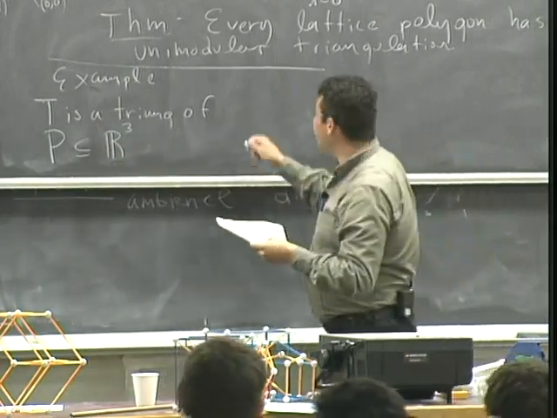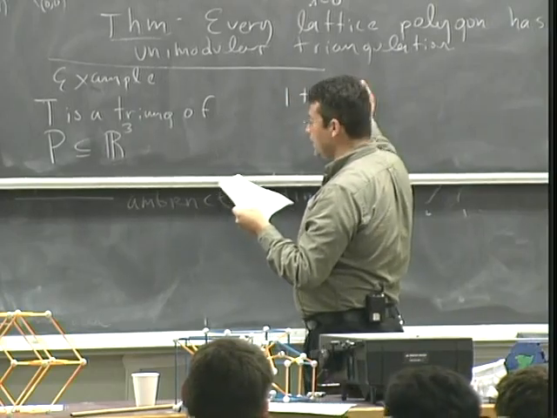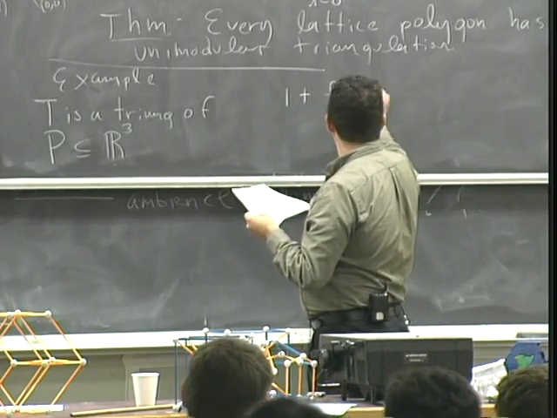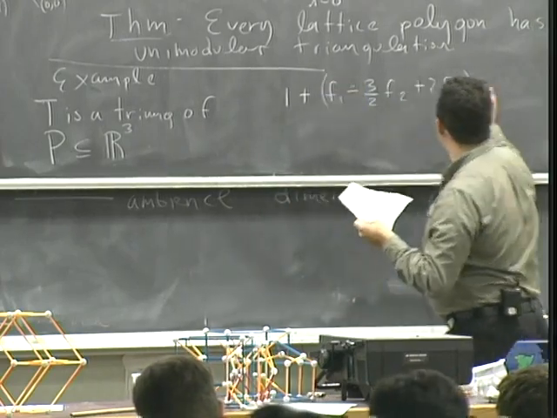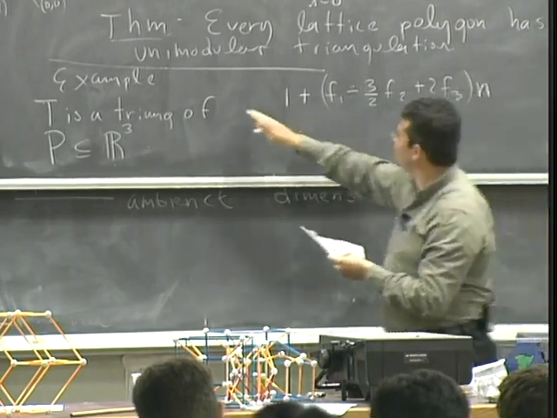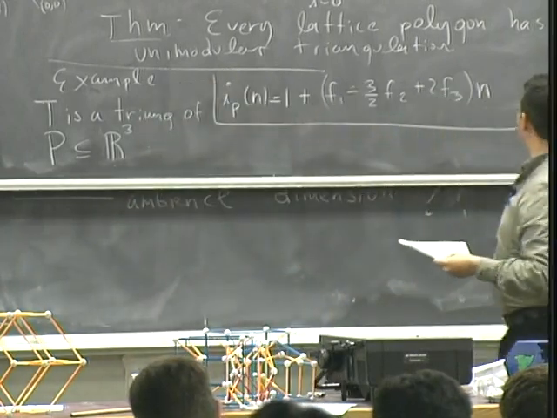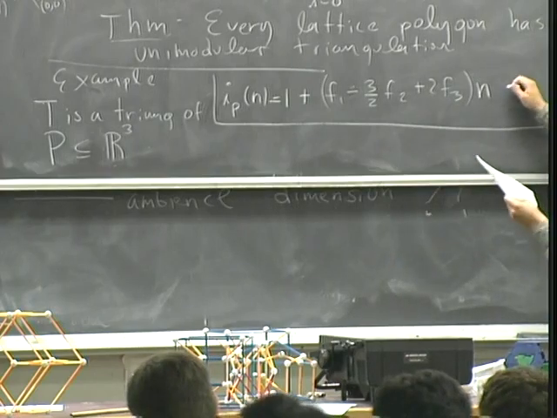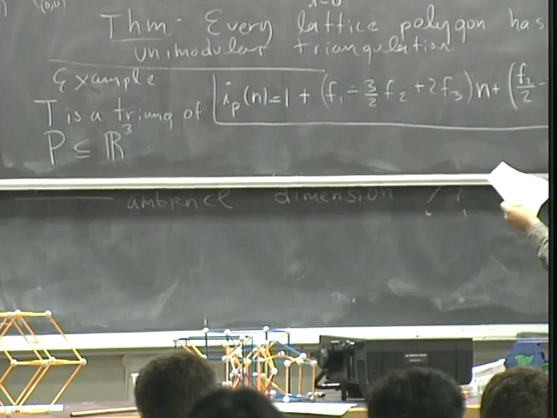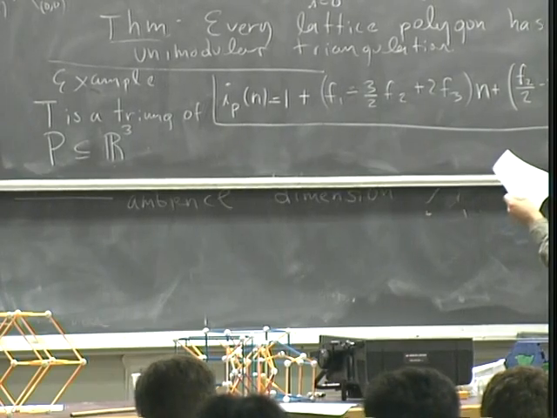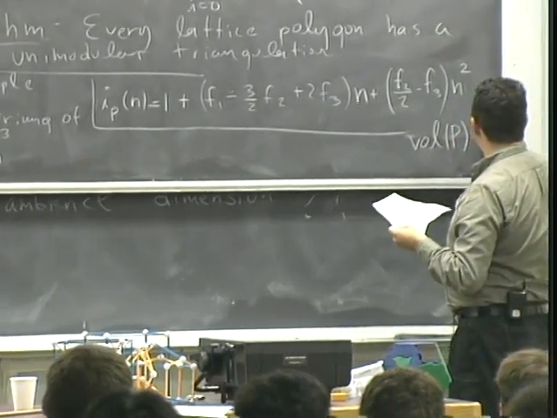Then you can write the coefficients in terms of the F vector. That turns out to be 1 plus F1 plus 3, minus 3 halves F2 plus 2F3, and that is what is going to multiply N. So sorry, I should write here the Ehrhart polynomial of P at N. This is the formula for the Ehrhart polynomial of this polytope in terms of the F vector, plus the F2 over 2 minus F3 and squared, plus the volume of P times N cubed.